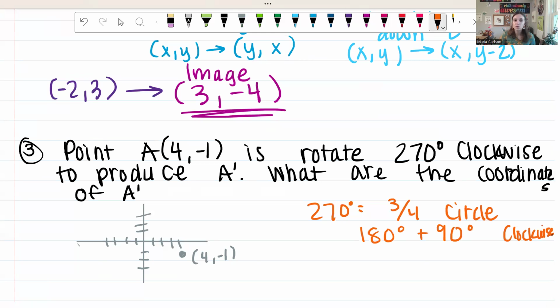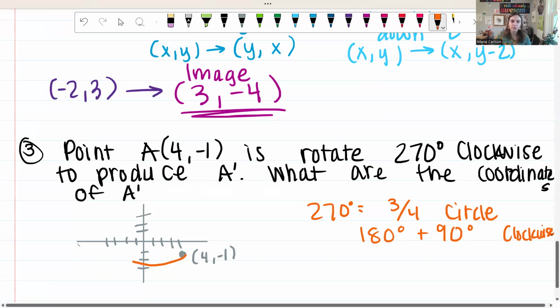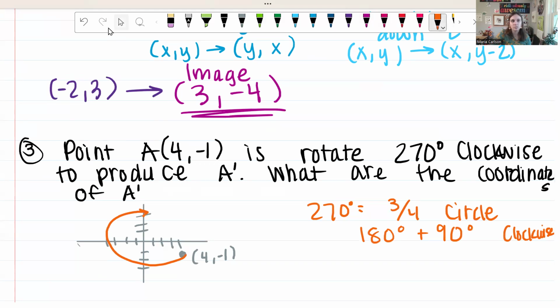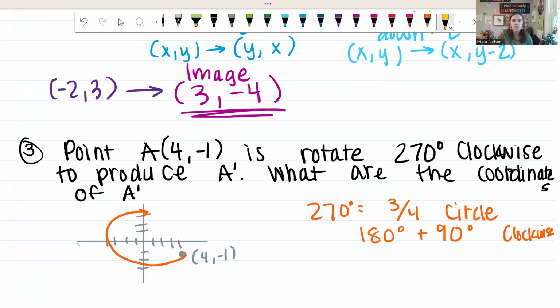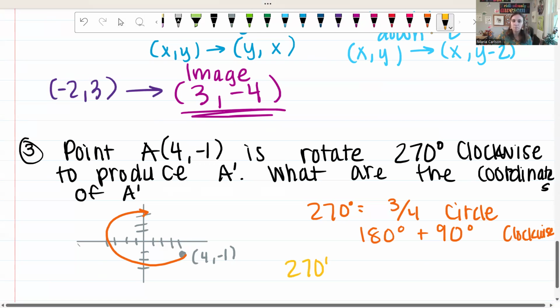Or 270 degrees clockwise is the same thing, and I'm going to abbreviate here, clockwise, as 90 degrees counterclockwise.